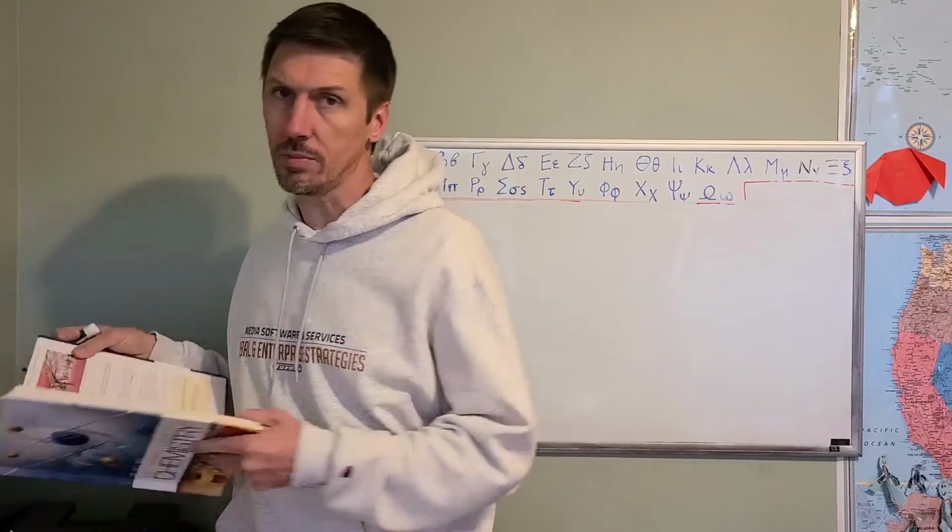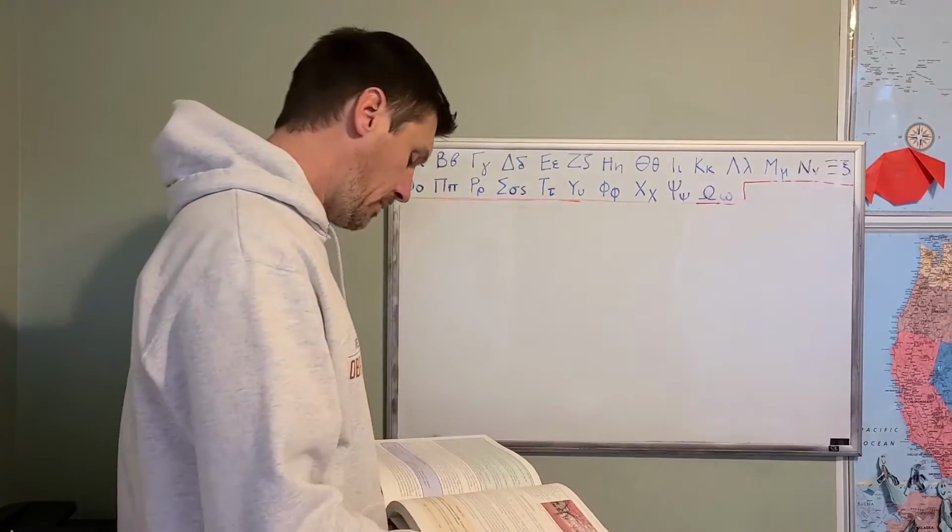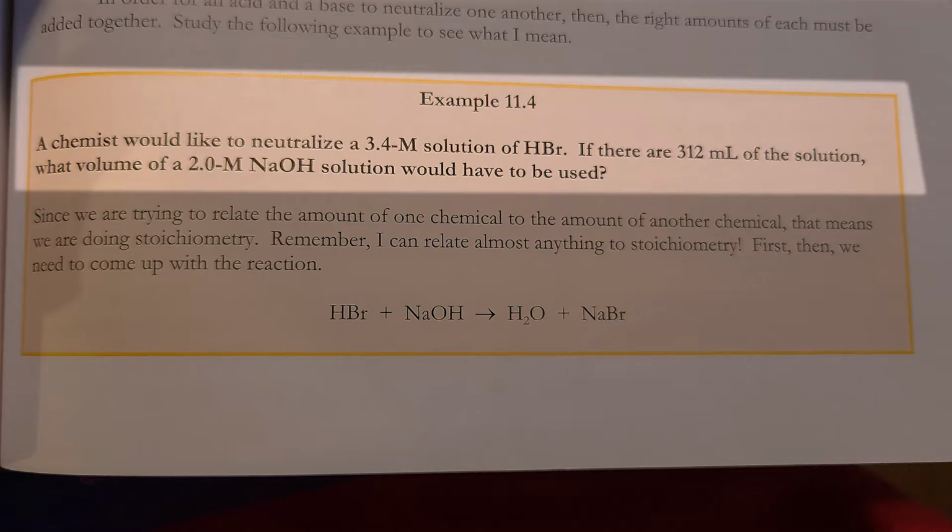The first example is on page 341, example 11.4, and it says a chemist would like to neutralize a 3.4 molarity solution of HBr. If there are 312 milliliters of the solution, what volume of a 2.0 molarity NaOH solution, sodium hydroxide solution, would have to be used?